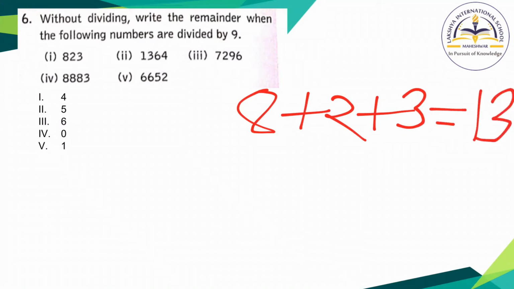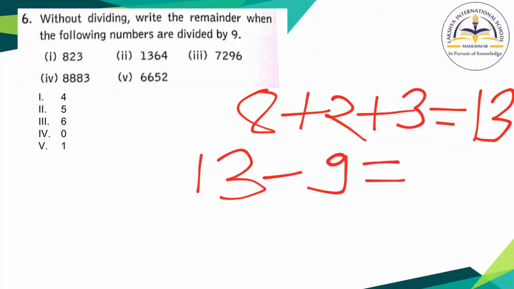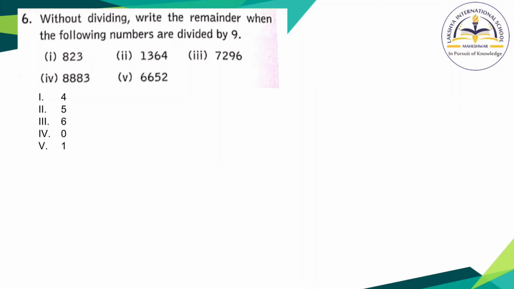Now you have to subtract the nearest number smaller than it which is divisible by 9. 9 ones are 9 and 9 twos are 18. So you have to subtract 9 ones are 9. 13 minus 9, you will get 4. 4 will be the answer.